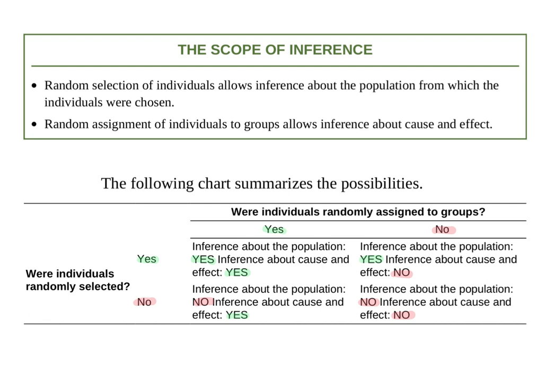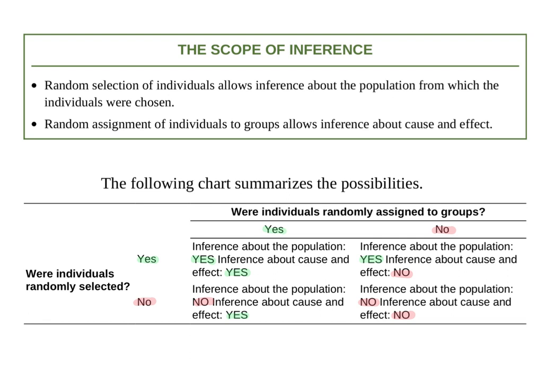So the overarching theme of this video is something that we call the scope of inference. We've been talking about inference, its wide variety of uses. The scope of inference has two main points, which we've also touched on in this video and in others, but let's summarize. We love a good summary. So random selection of individuals allows inference about the population from which the individuals were chosen.